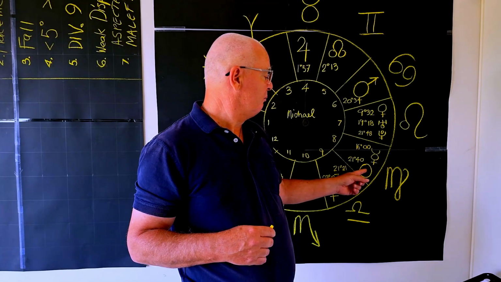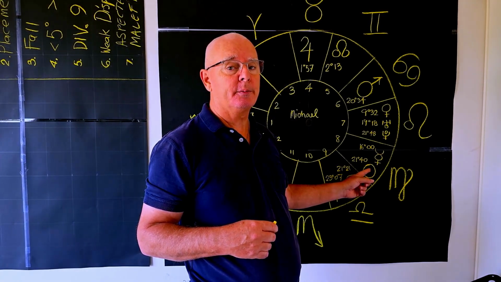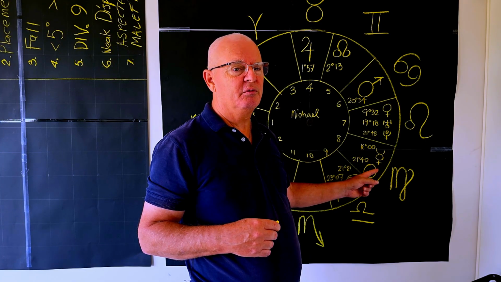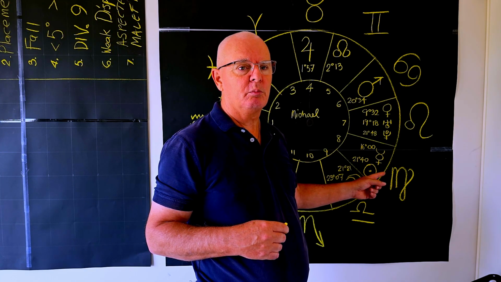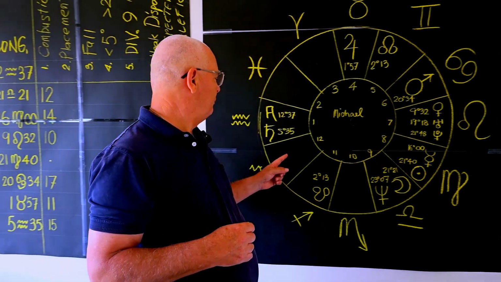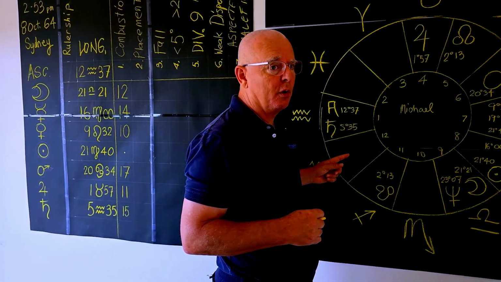But the Sun is not in its own sign. In the 8th house, it's weak. Quite a severe weakness. 8th house is probably the worst. And the other one, the 12th, is empty. So no planets suffer on account of being in the 12th house.